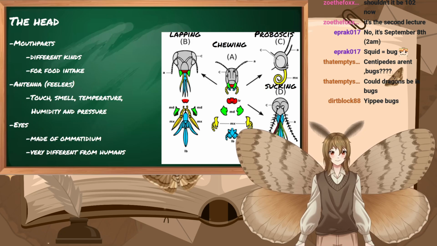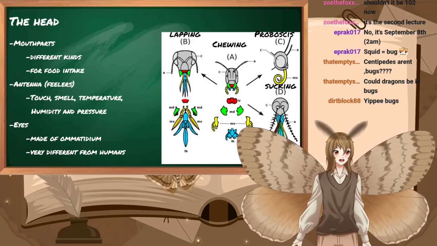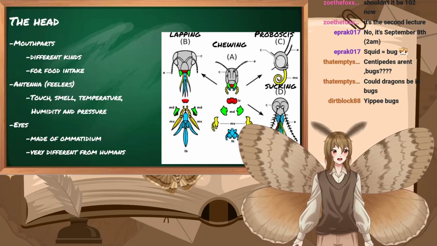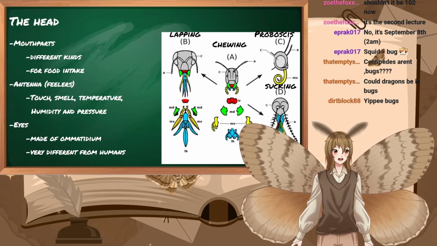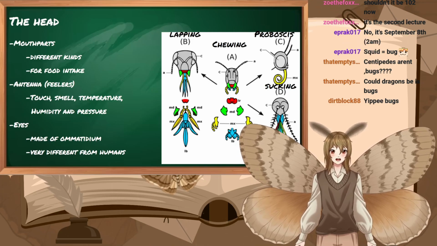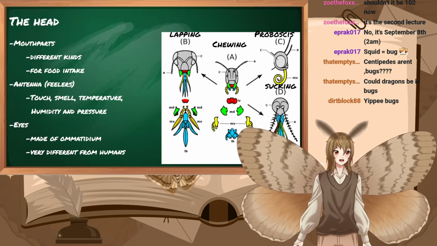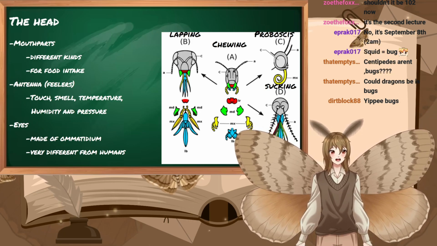That is the small material you can see, and it's very shiny, and it has over 30,000 lenses in the compound eyes. They have way less resolution than us, but they perceive way more movement, and have UV and green sensitivity.